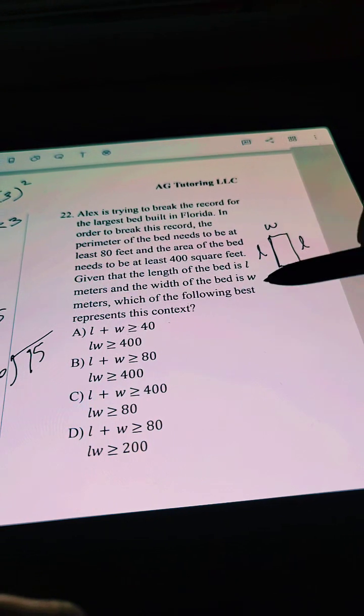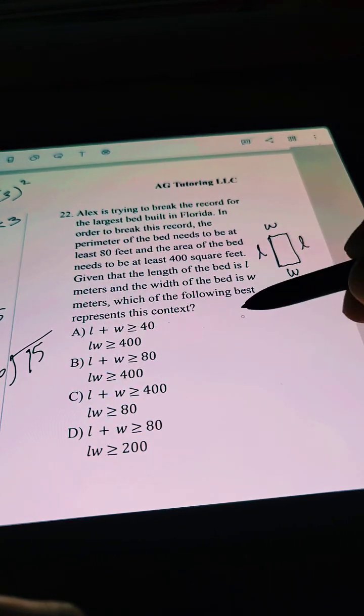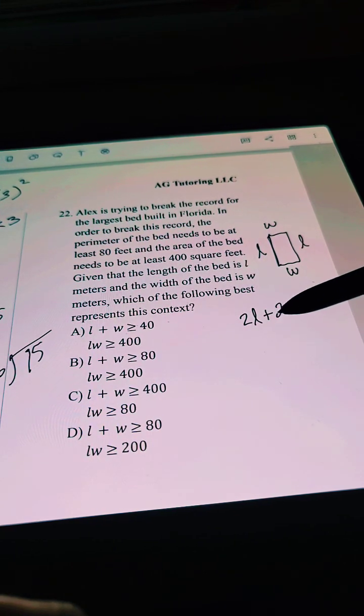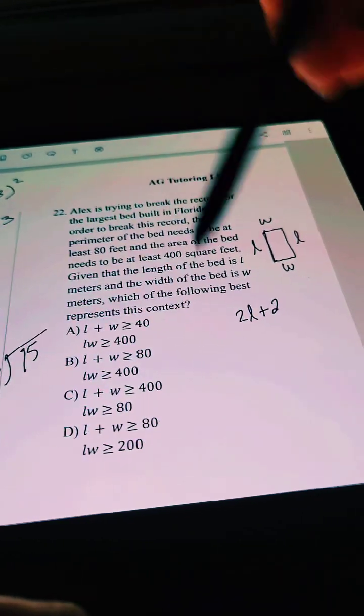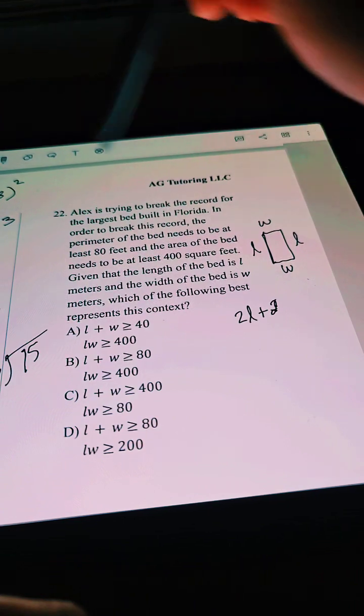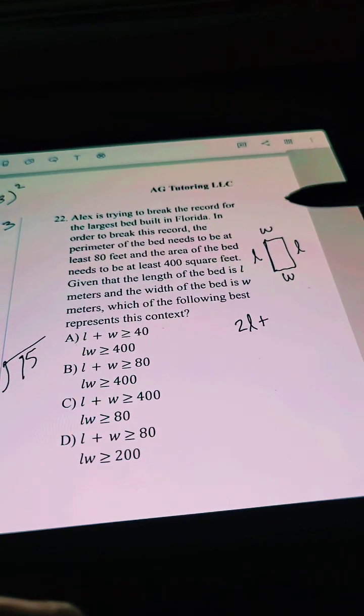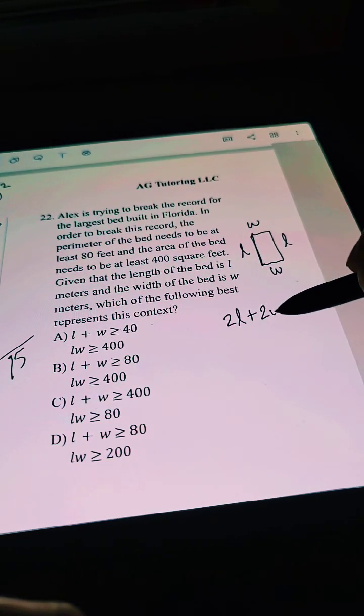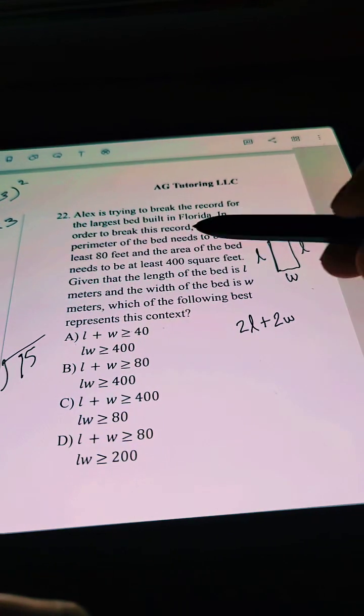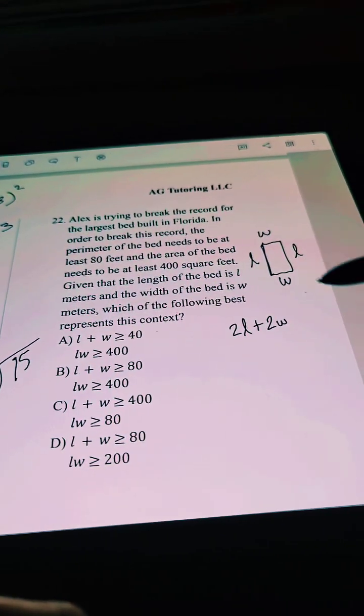So if I'm adding these up, L plus L is just 2L, and W plus W is 2W. And then it has to be at least 80 feet when we add that up.